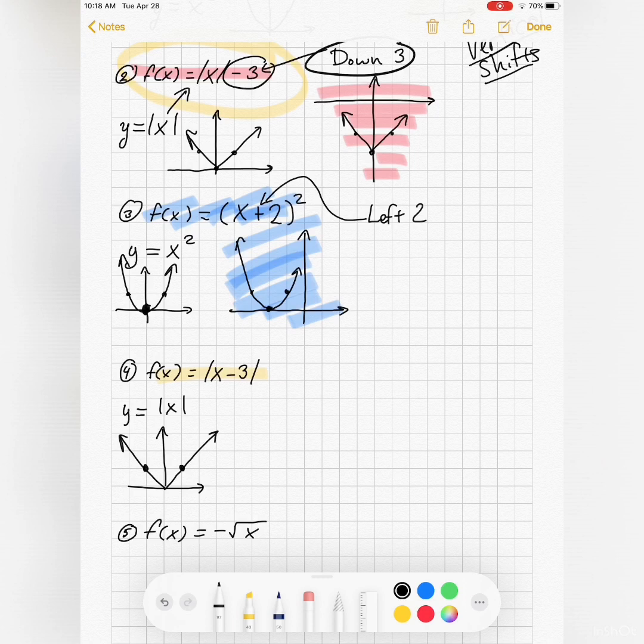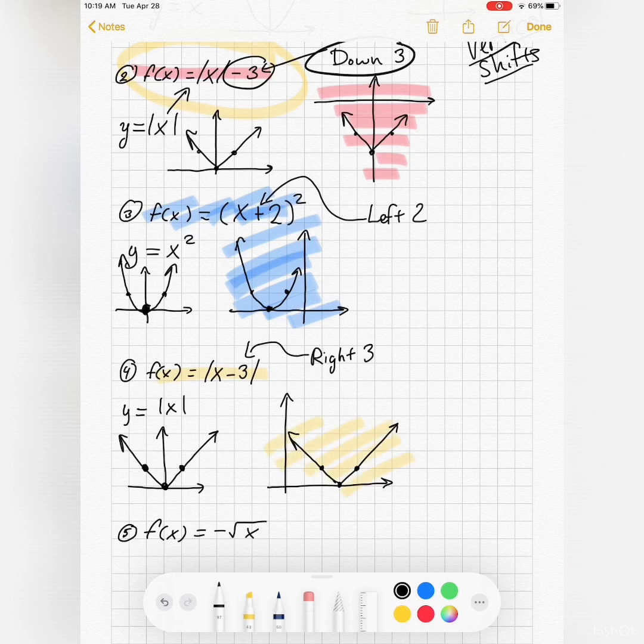Okay, like so. But then I move the graph right 3. Opposite of how it looks. So it looks like I'm subtracting 3 from the x's, actually adding 3. It looked like that.